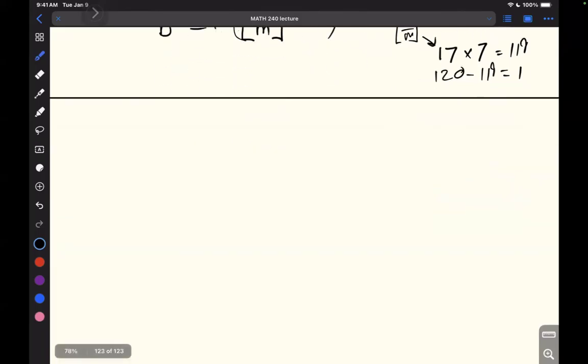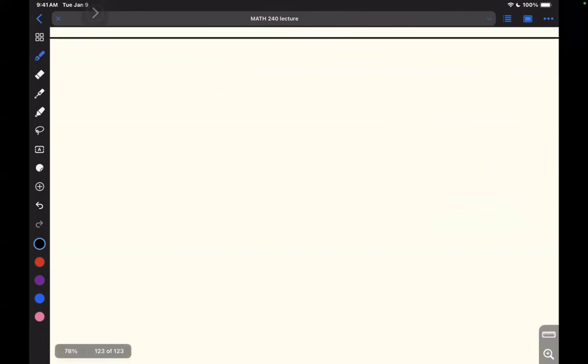All right. So now let's talk about some properties. First we have our standard reflexive, symmetric, and transitive properties.